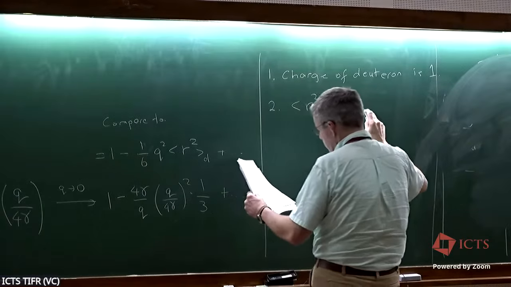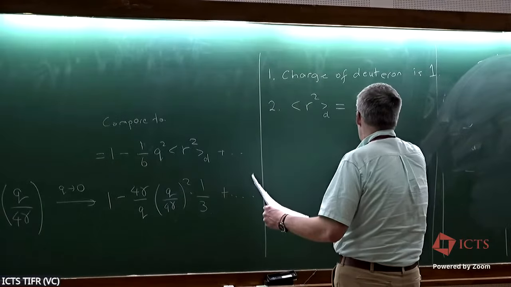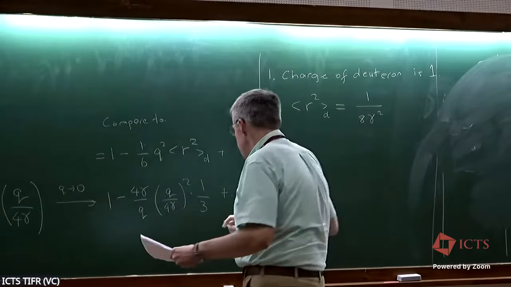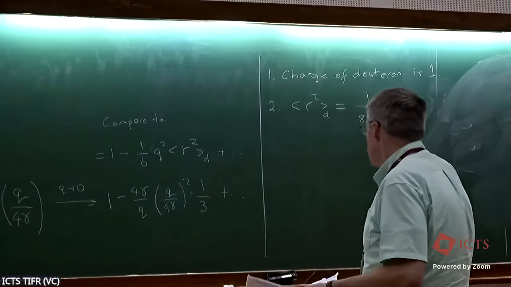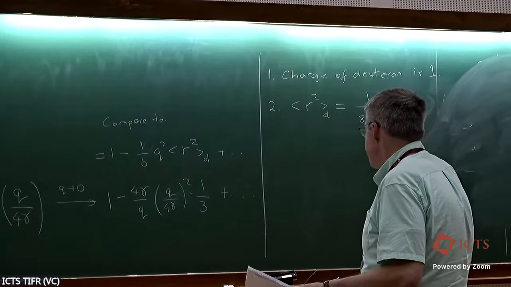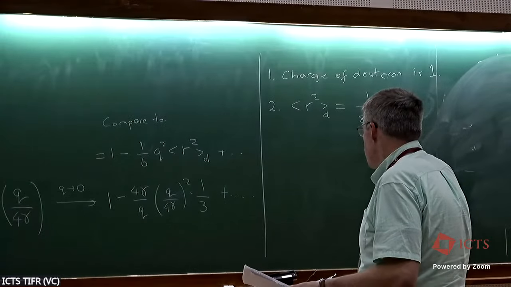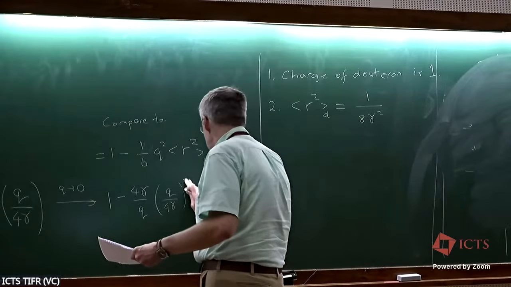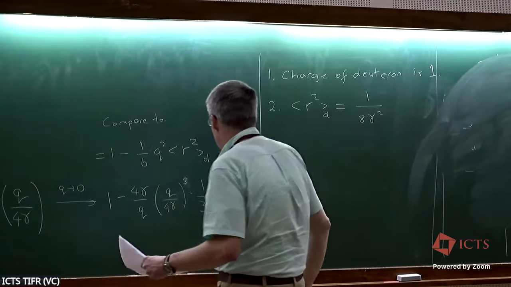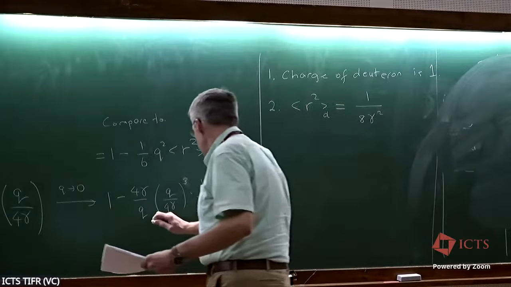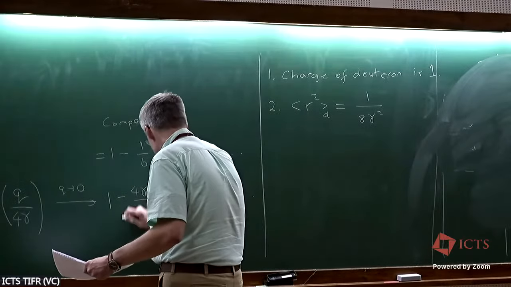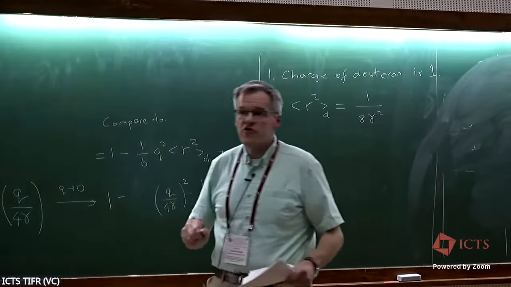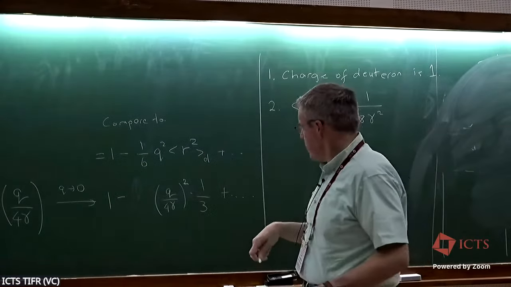is equal to 1 over 8 gamma squared, if I did that right. This should be cubed. So either I should write Q squared, or I should write 4 gamma over Q times Q over 4 gamma cubed.